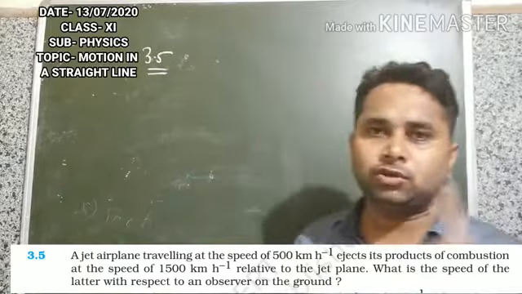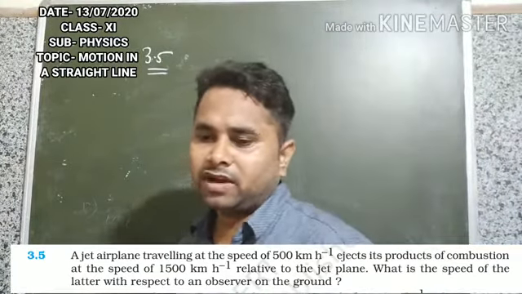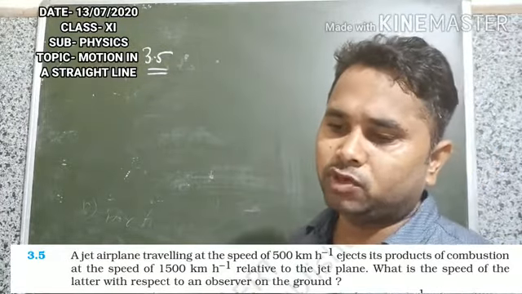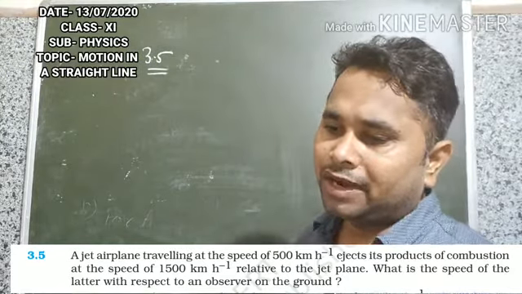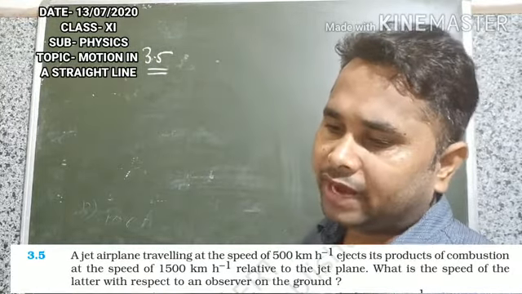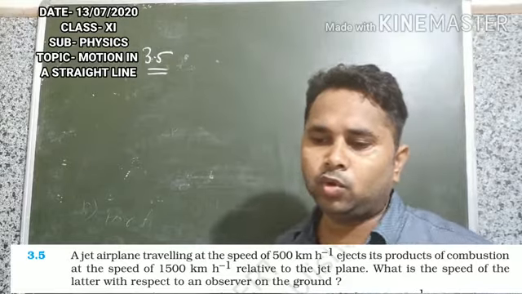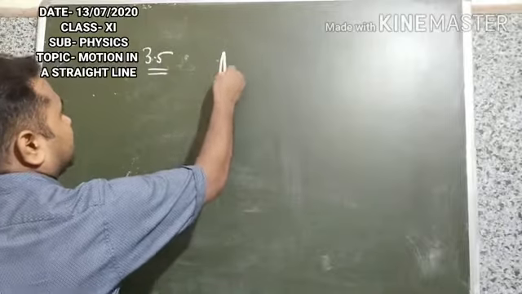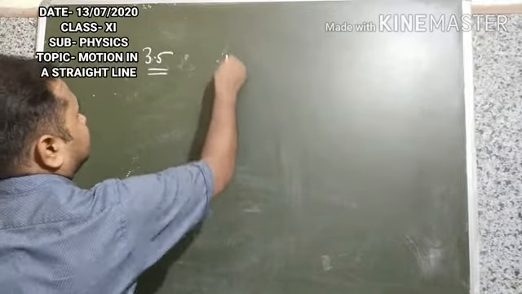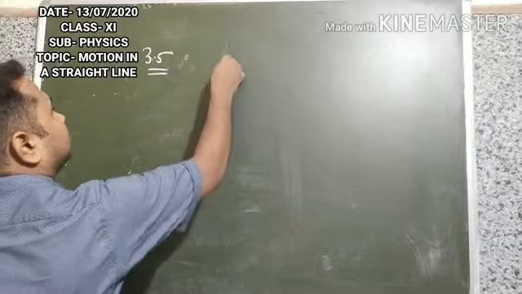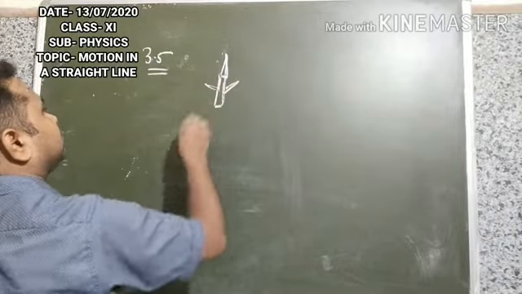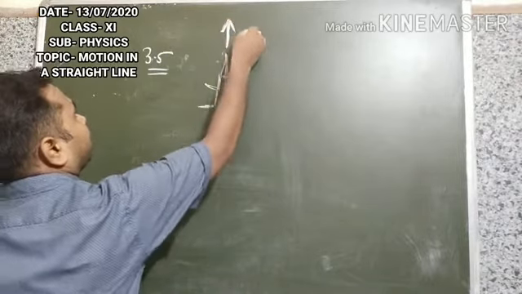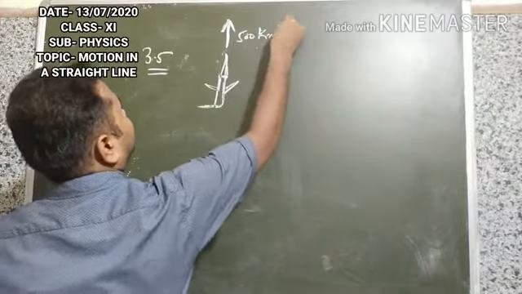3.5. See the question. A jet airplane traveling at the speed of 500 km per hour ejects its products of combustion at the speed of 1500 km per hour relative to the jet plane. What is the speed of the latter with respect to an observer on the ground? This is the jet plane, moving in the upward direction with 500 km per hour.